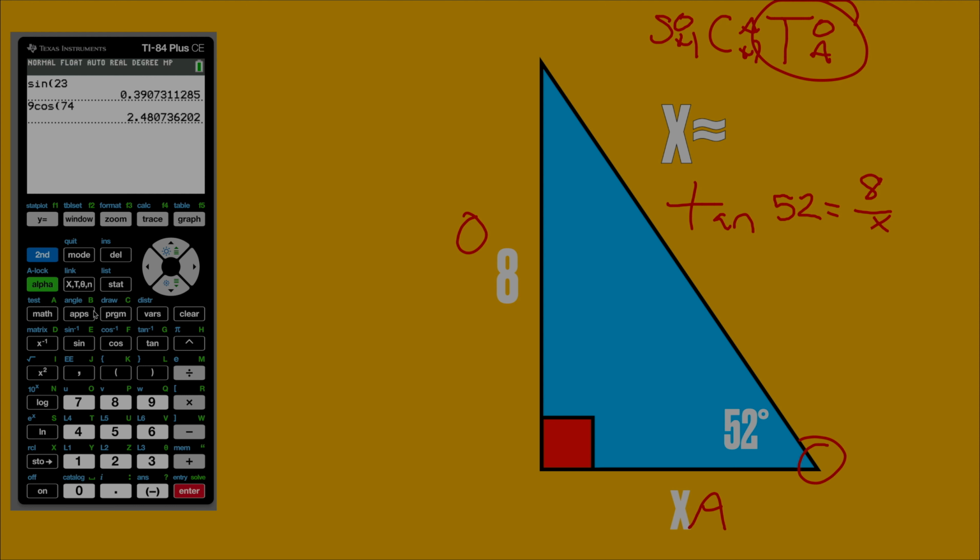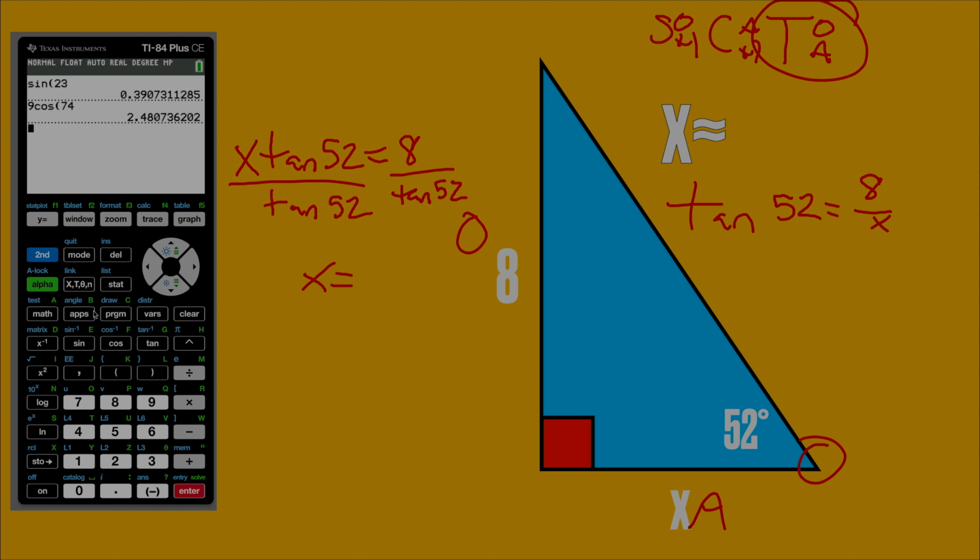I want to get x on top first, so x tangent of 52 is equal to 8, and then divide both sides by the tangent of 52.